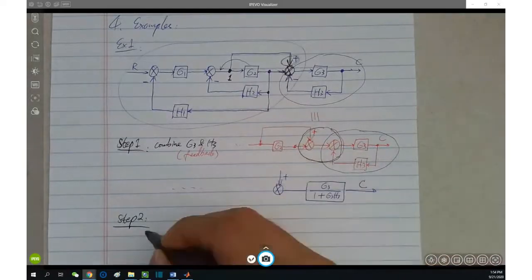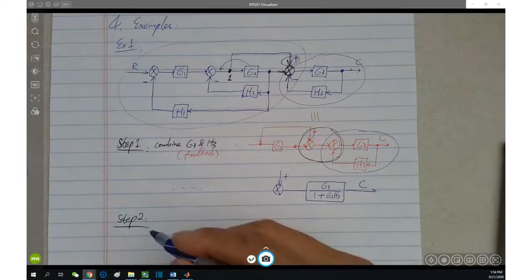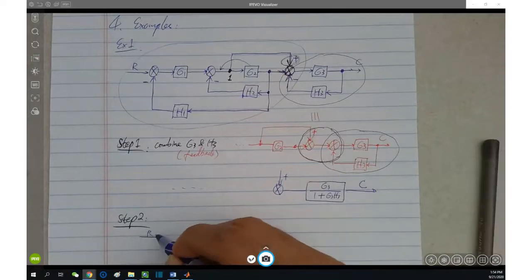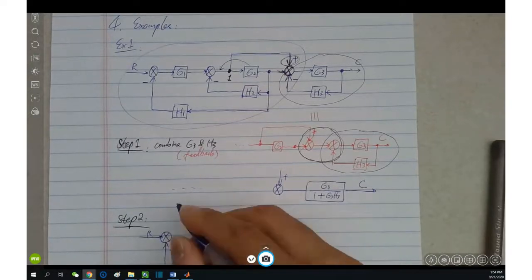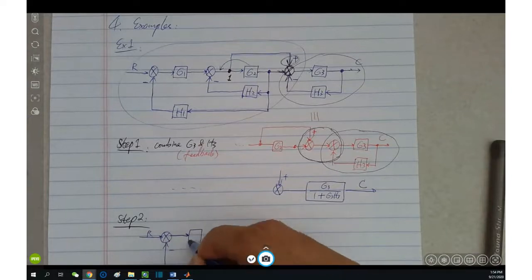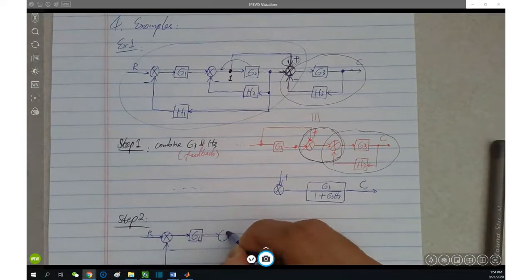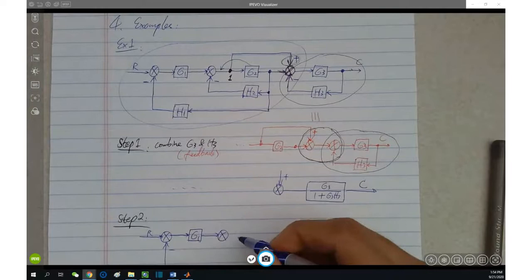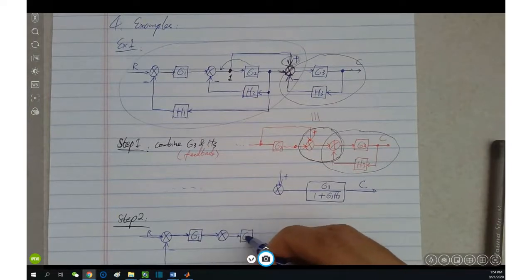So what we do is keep R here, this summing junction, these things remain, G1 remains, summing junction remains, and then what? G2 now is here, right? And then what?